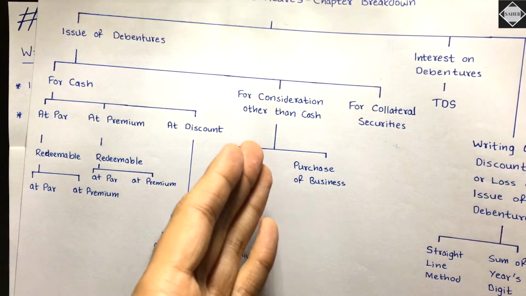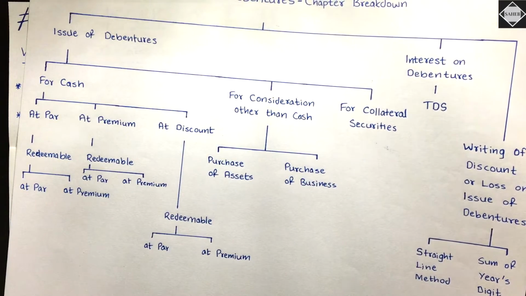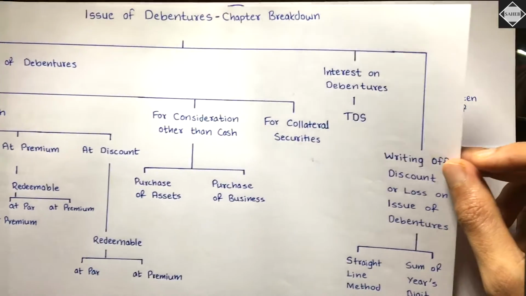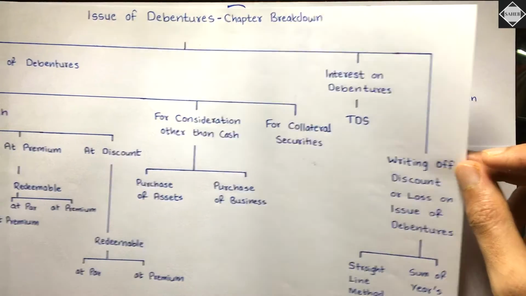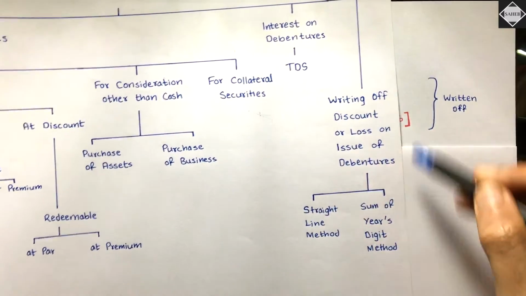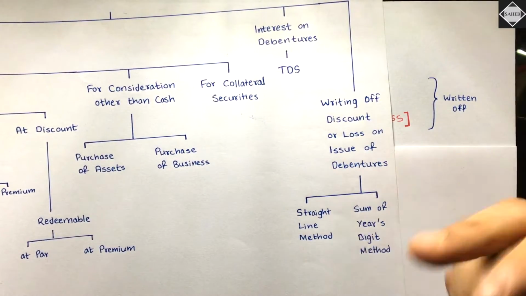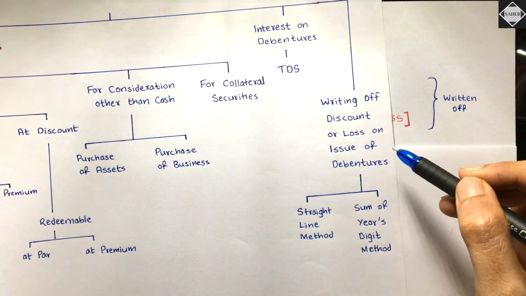Here also we solved 2 conceptual examples, and then solved problems in a separate video. After that we covered interest on debentures, just in the previous video. And now we are here to understand the last topic of this chapter and solve 2 problems on this: writing off discount or loss on issue of debentures.